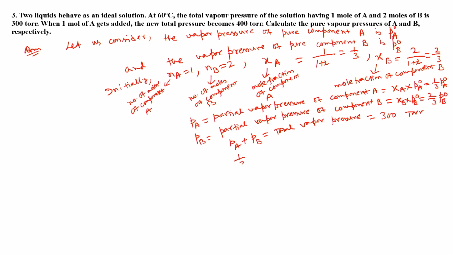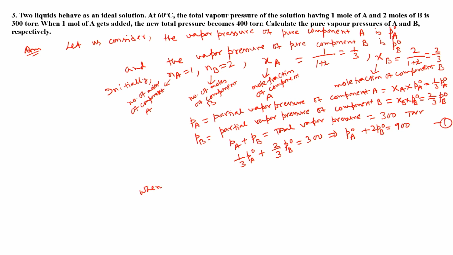So, 1 by 3 PA naught plus 2 by 3 PB naught gives 300. If we further simplify, we get PA naught plus 2 PB naught is 900. This is equation 1.